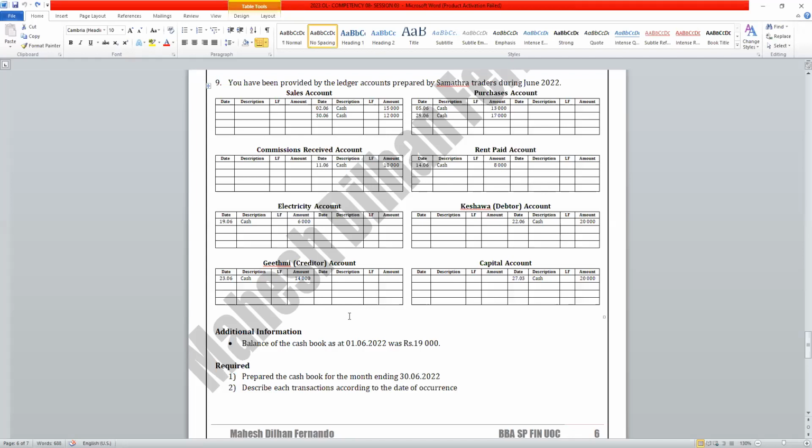You have to prepare the cash book and describe each transaction. Follow the dates order. Before that, please note that there is a balance brought forward of cash worth 19,000. Okay, let me share the screen. Give me a minute.